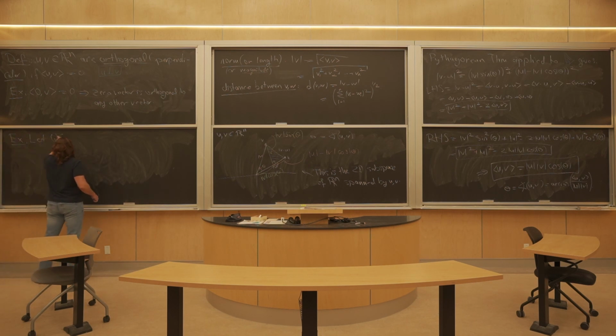Let Q be orthogonal. That is to say, it's an orthogonal matrix. By definition, this means that Q transpose Q equals identity. Okay?